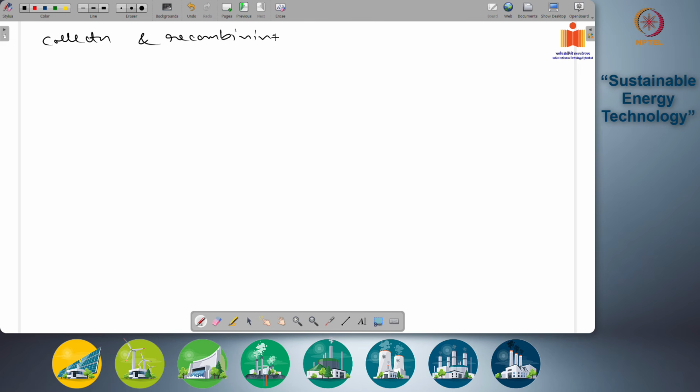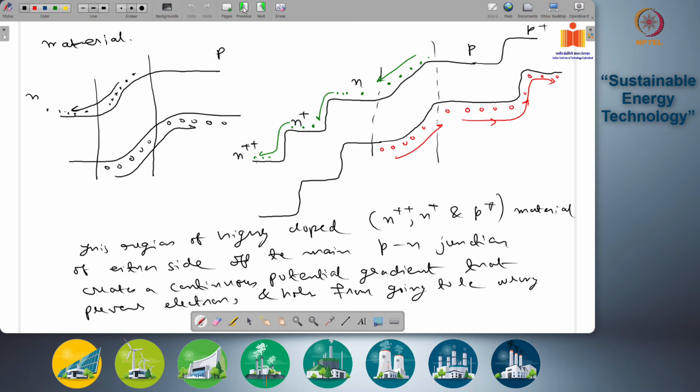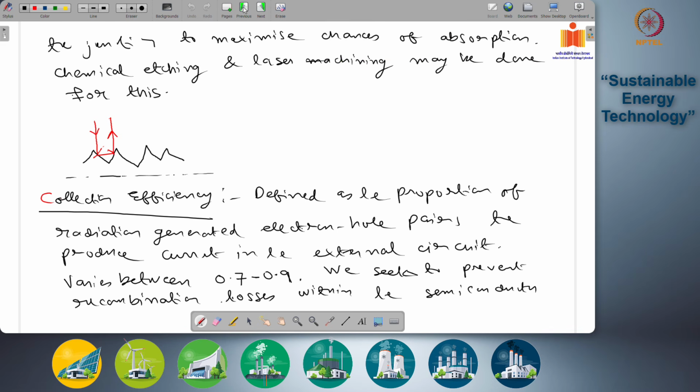Okay. So these are the main aspects of improving the design of your solar cell system.